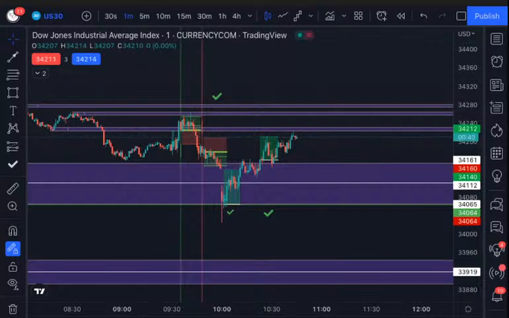I feel like even if it needs to drop, it'll probably want to come up just a little bit more before that drop. But maybe this was enough. It definitely did move from that 707 short. It definitely did do 150 points from there.